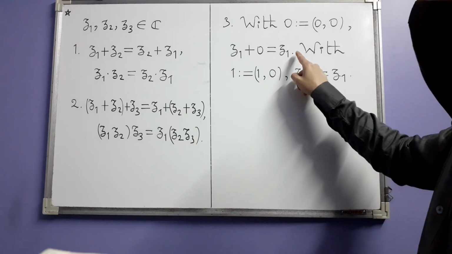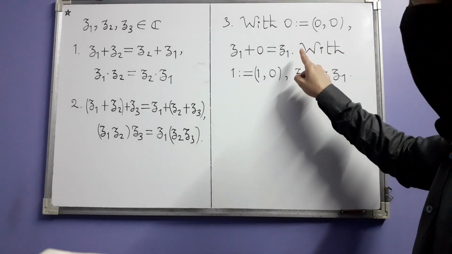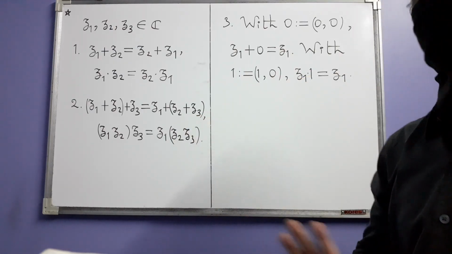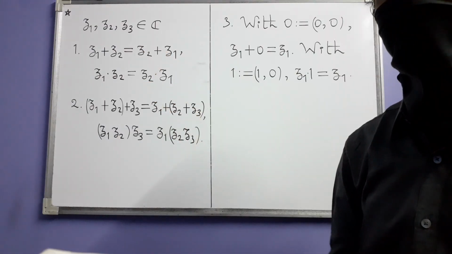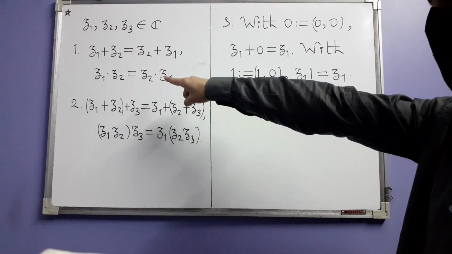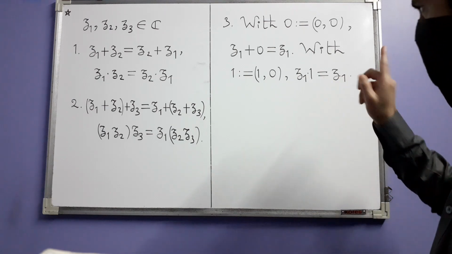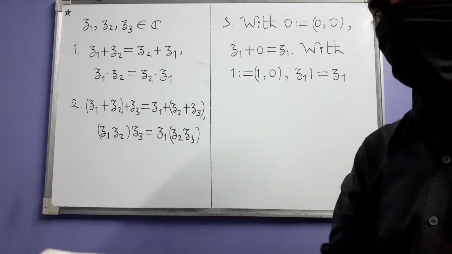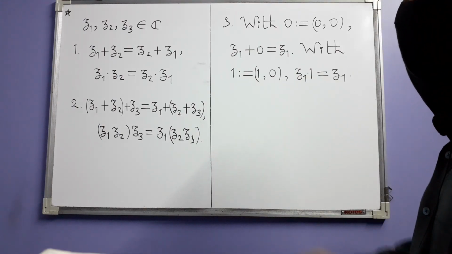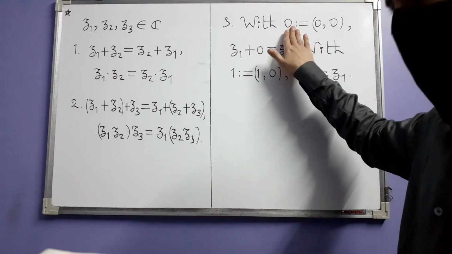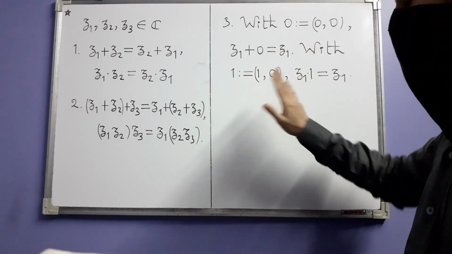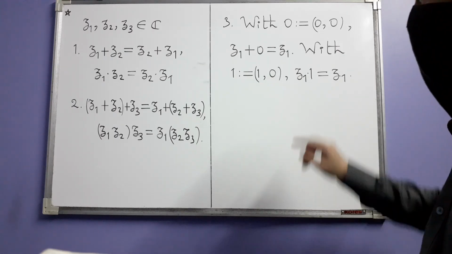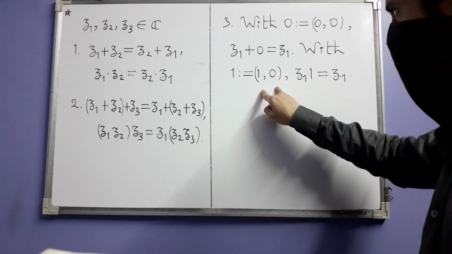Why am I not mentioning that fact also, which says that z1 is also equal to 0 plus z1? There is no need to mention that separately, because addition is commutative. Just like that, because multiplication is commutative, that just means, along with this thing, that 1 times z1 is also equal to z1. And that's why 0 is called an additive identity and 1 is called a multiplicative identity for the complex numbers. And here 0 means this and 1 means this.